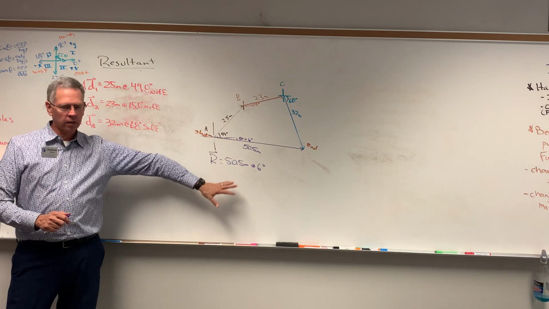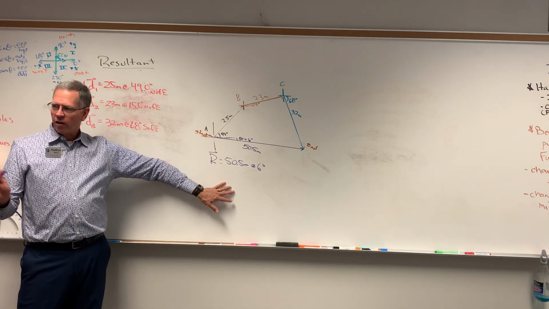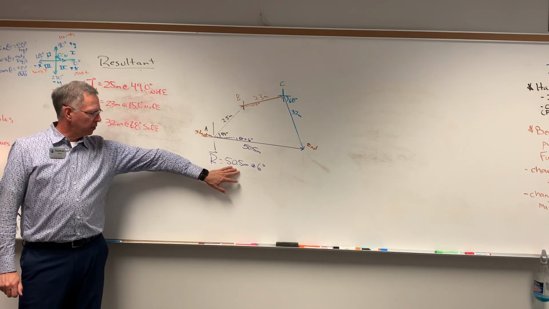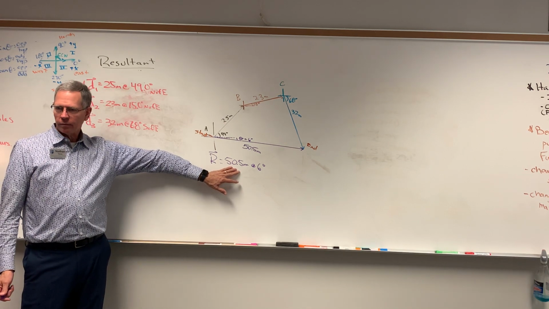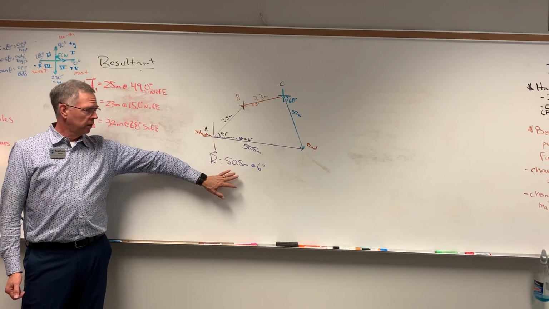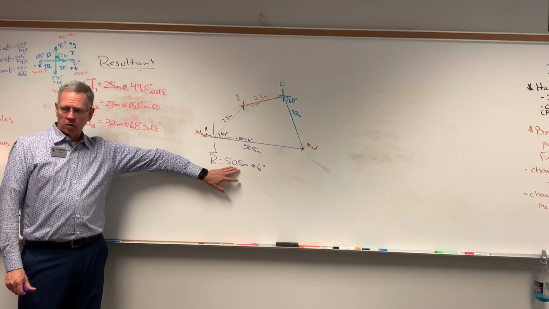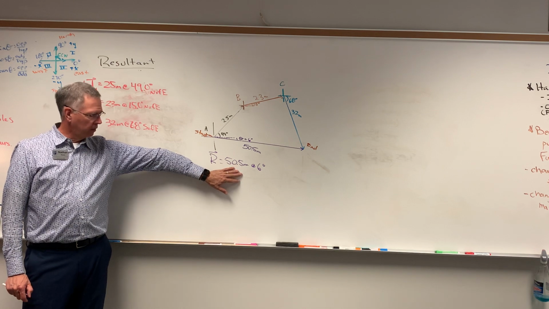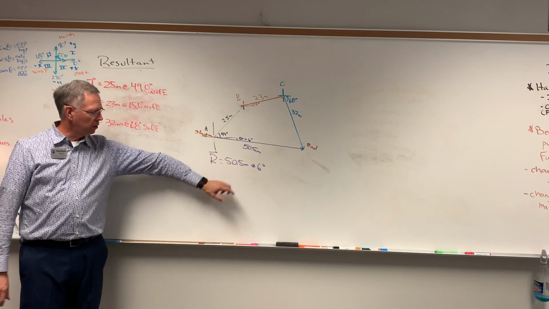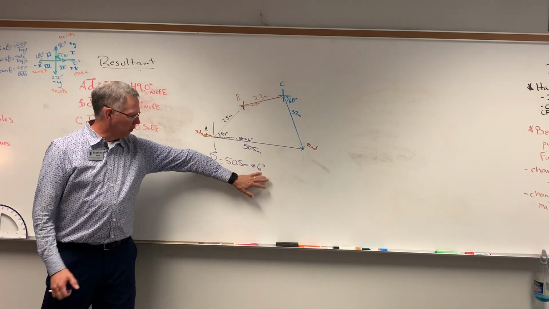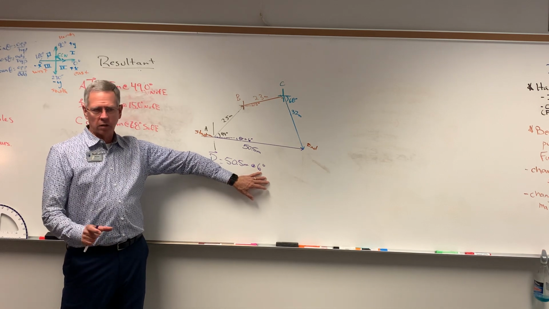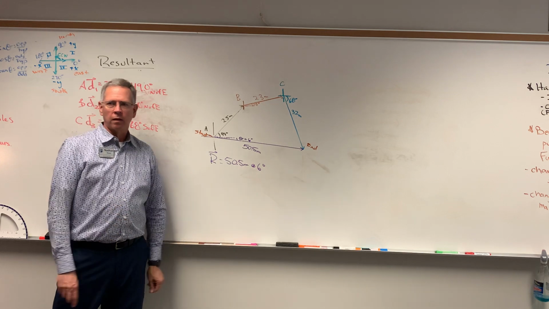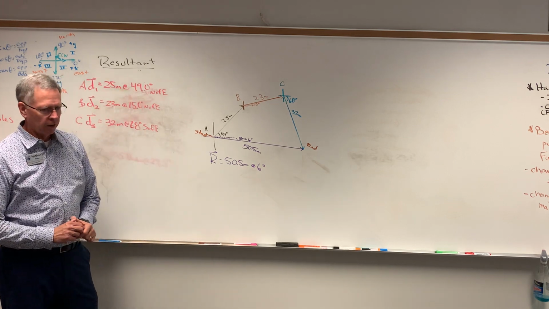On these graphical methods, I'll give you a 5% margin of error. 5% of 50 is about 2.5, so it could be as small as 47.5 and as large as 52.5. But for the angle, 5% of 6 is about half a degree, so it needs to be pretty close to that value.